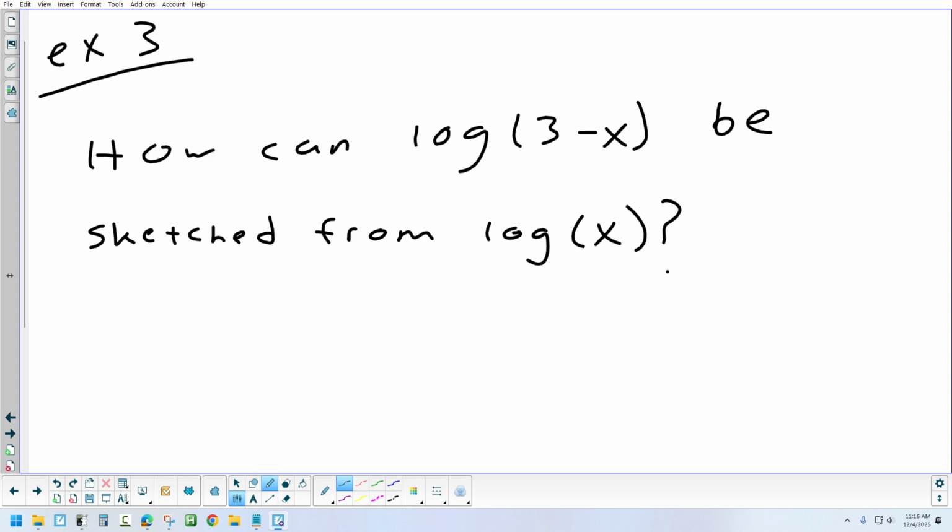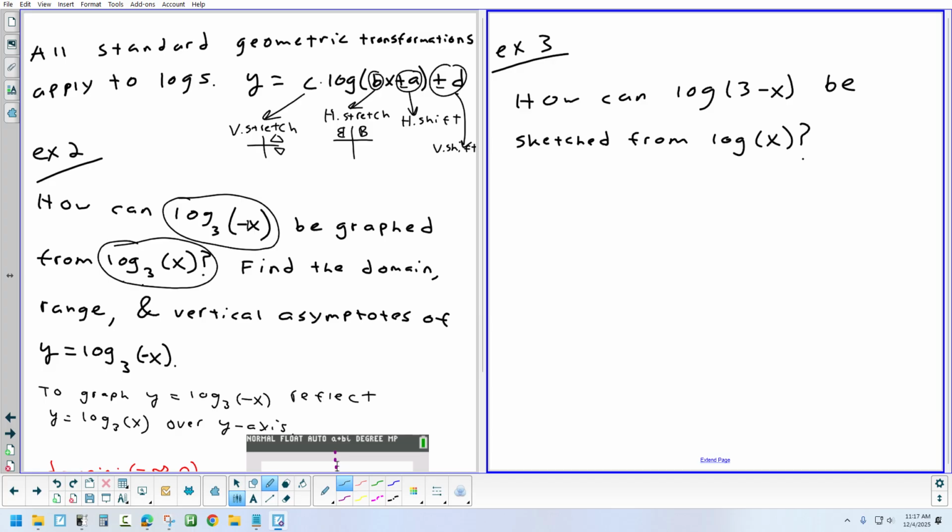What's a little different about log 3 minus x? Yeah, the negative x. Okay, so can you explain more? What do you mean? Are you comparing that to log x?